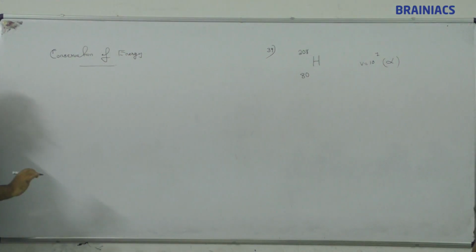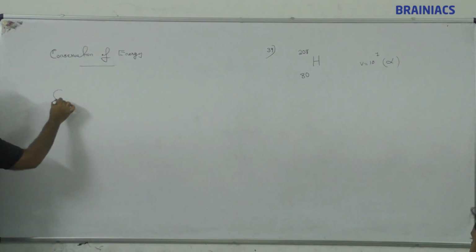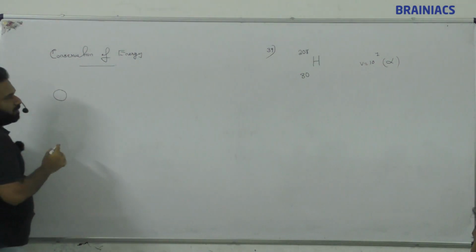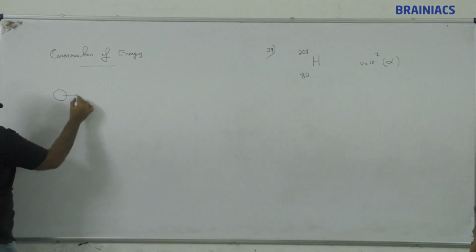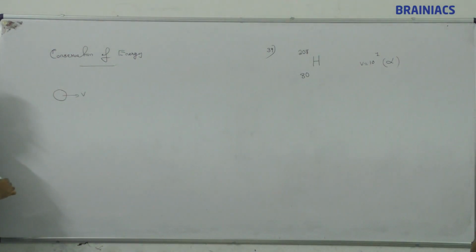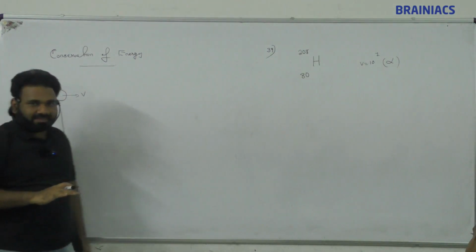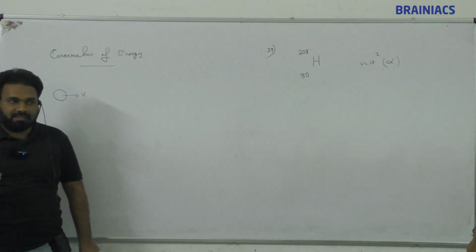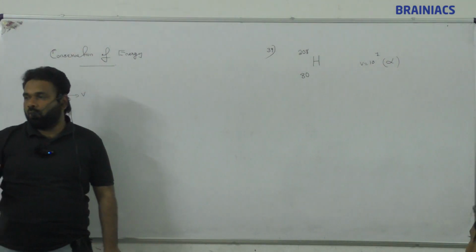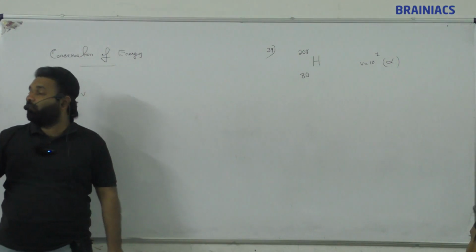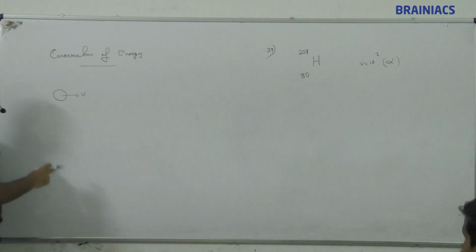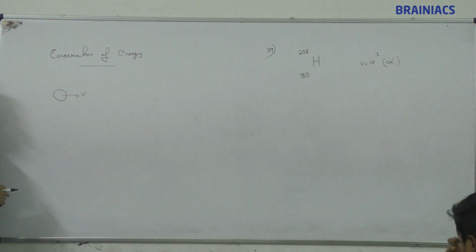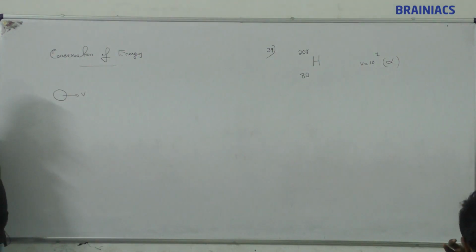Suppose a particle has some velocity, has some height, or is undergoing any force of attraction or repulsion, then it will have a potential energy also.